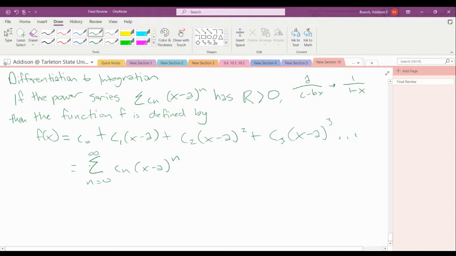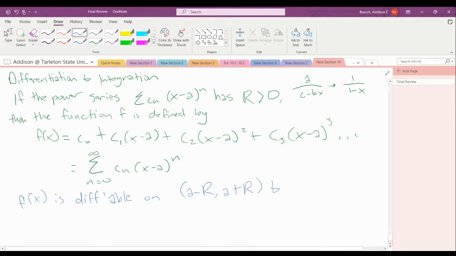Well, that function, then from there we can say that f is differentiable on the interval a minus r to a plus r.